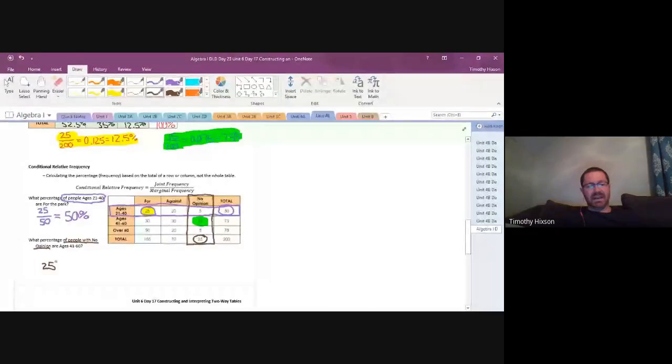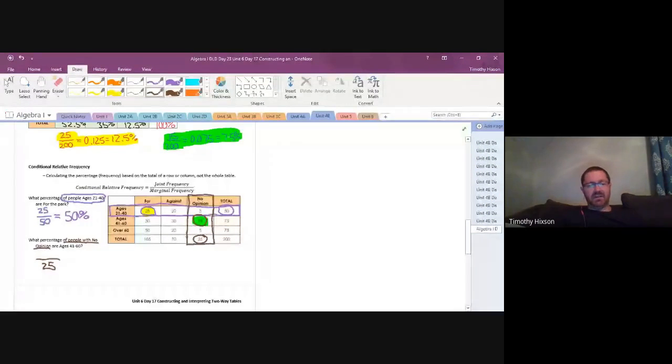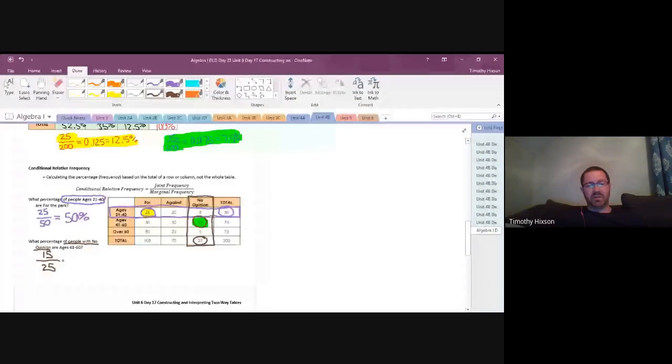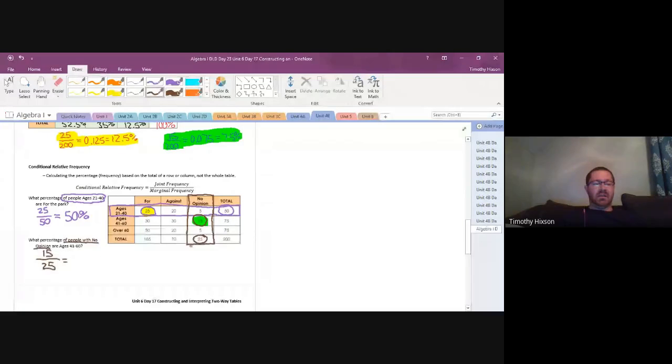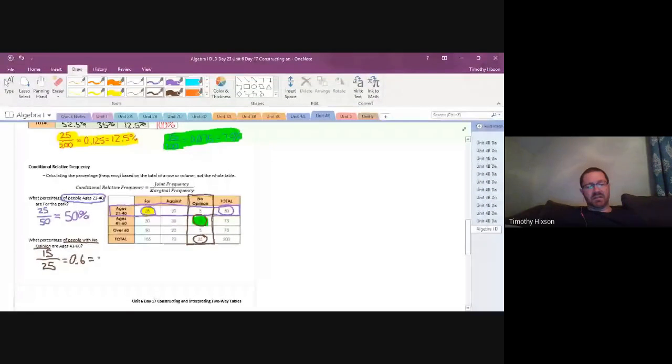So this is going to be out of 25. And then how many of them are between the ages of 40 and 61? Well, right here, there are 15 of those people. So 15 out of the 25 people who have no opinion are also in this age range. Okay, so that comes out to 0.6, which is 60%.